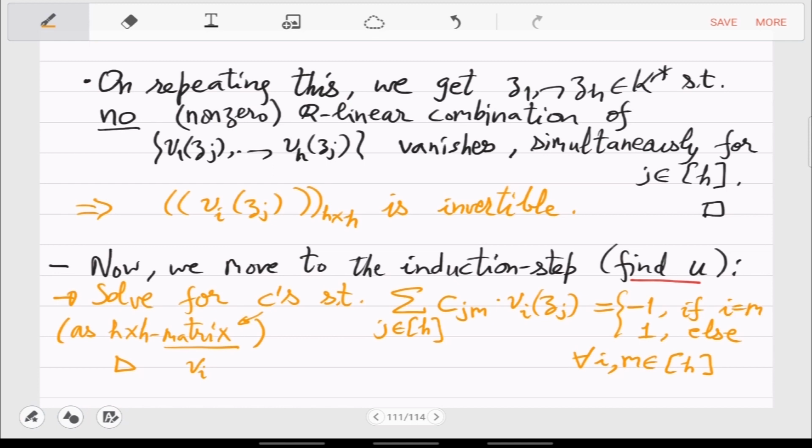So this matrix times the C matrix is equal to -1 on the diagonal, and everywhere else we have 1. Right, I hope these subscripts are not messed up.